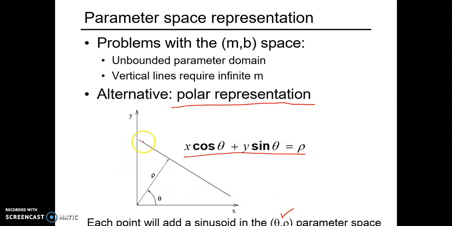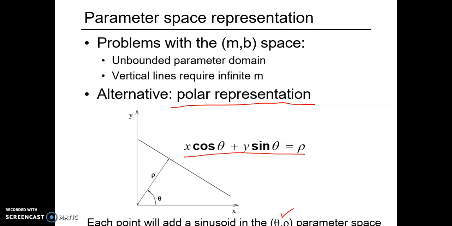Corresponding to a particular line, you will have a unique theta and rho. So if you have many points on this line, how can this be transferred to the parameter space theta and rho? Our intention in the Hough transform is to transform the actual image plane to some parameter space.